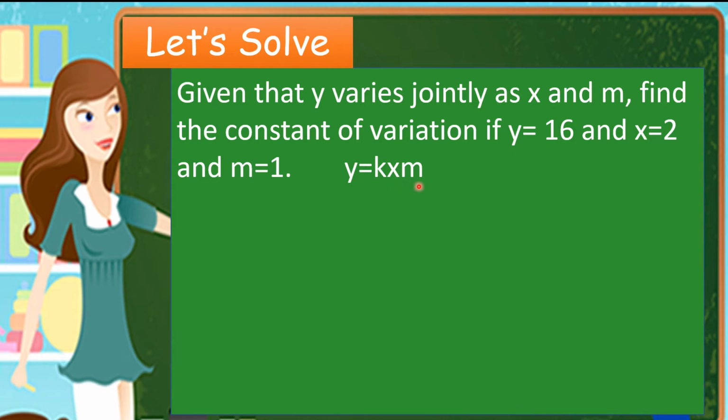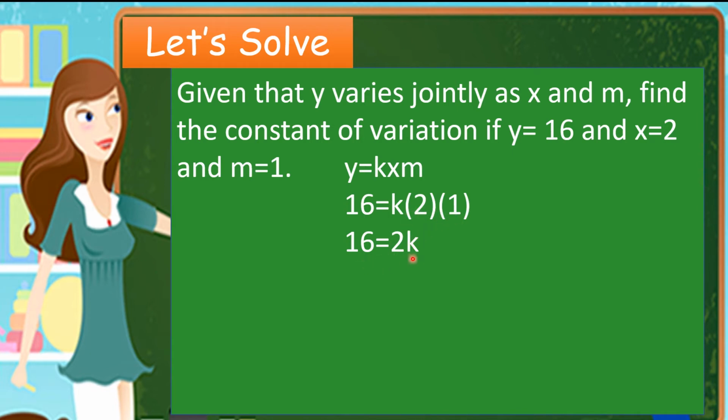Pagkatapos nating makuha ang ating equation ay isa-substitute naman natin yung mga value sa kanya-kanyang variable. So, y magiging 16 at saka yung x 2, m 1. So, we have here 16 is equal to k times 2 times 1. Then, multiply 2 times 1, we have 2k.